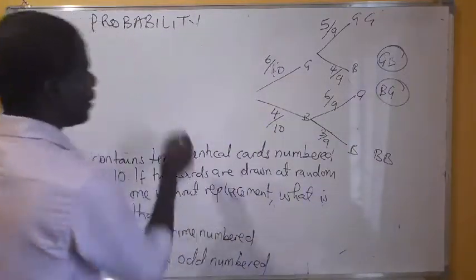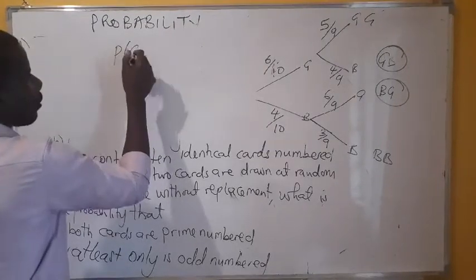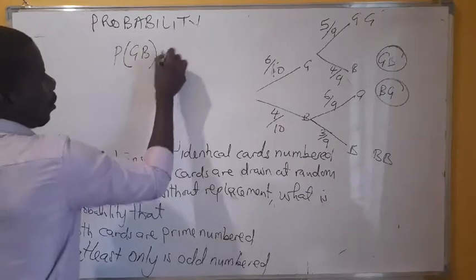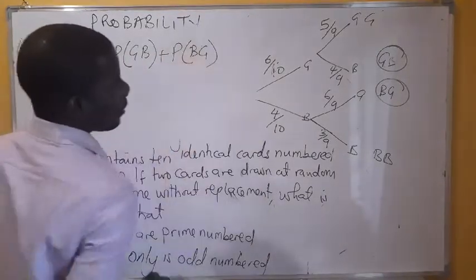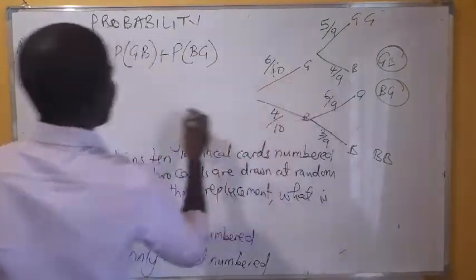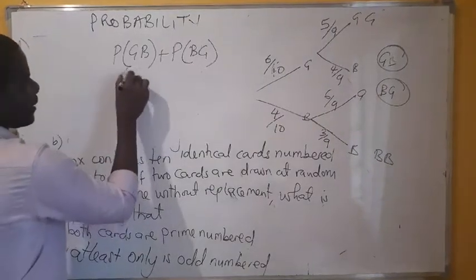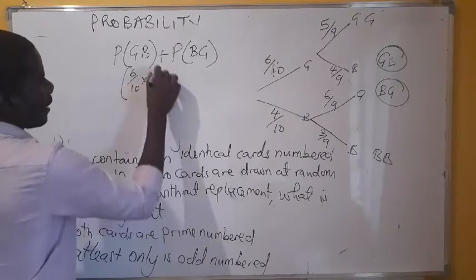So it will be the probability of boy, girl. The first one is a girl and the second one is a boy. I'm just running you through what we already did, but using a tree diagram. 6 over 10 multiplied by 4 over 9.